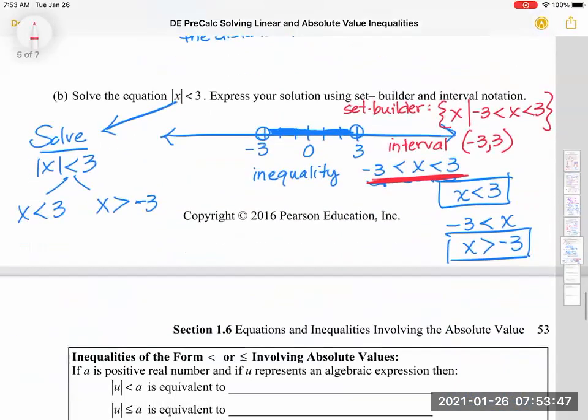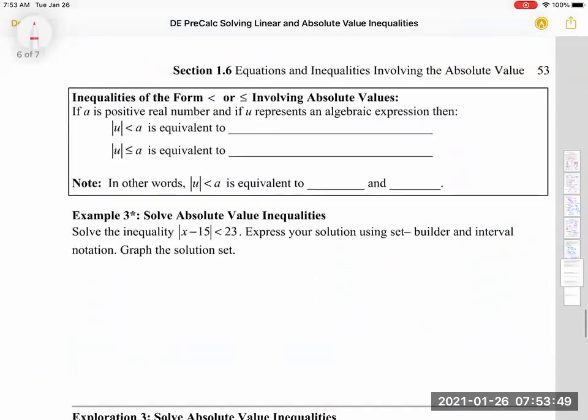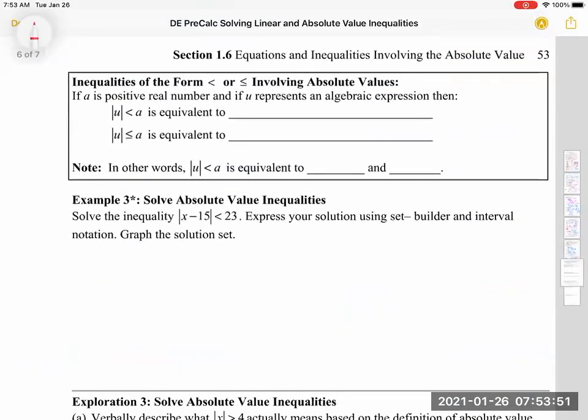All right, so now let's go down here. This is just going to sum it up in the box for you, so that way you can just have a go-to for how to solve. This works for less than, greater than, less than or equal to, either one. So if the absolute value of u is less than a, this box is the less than kind.